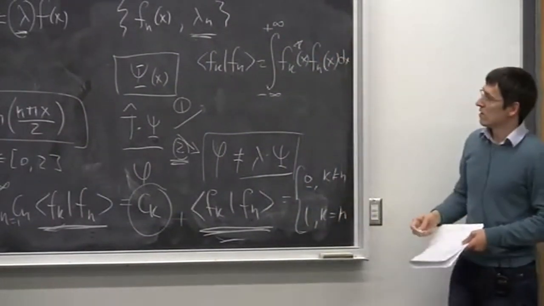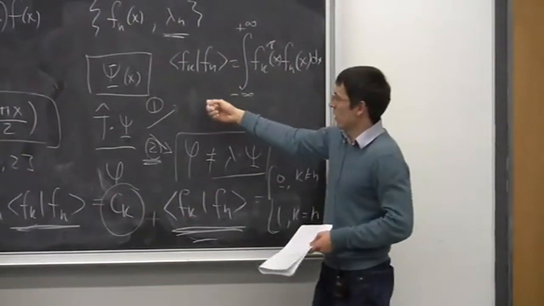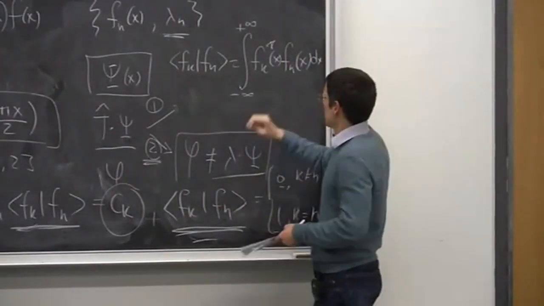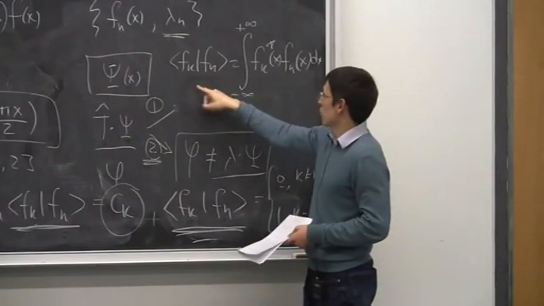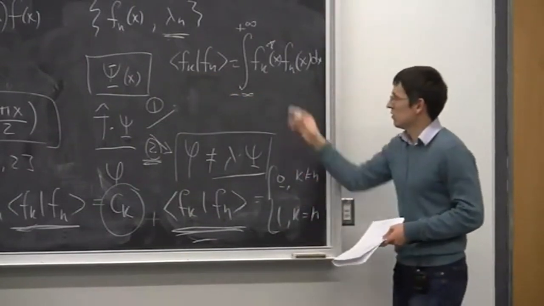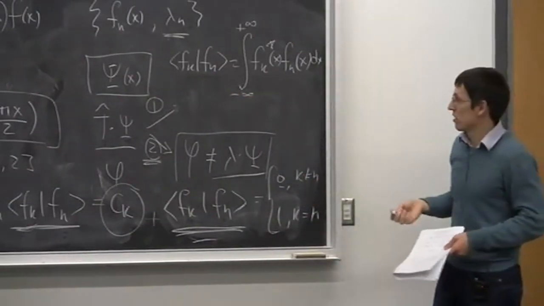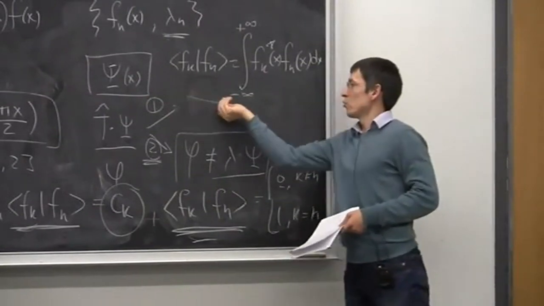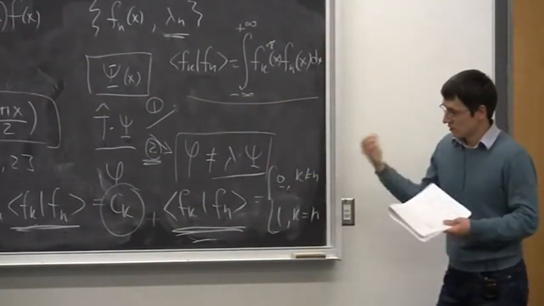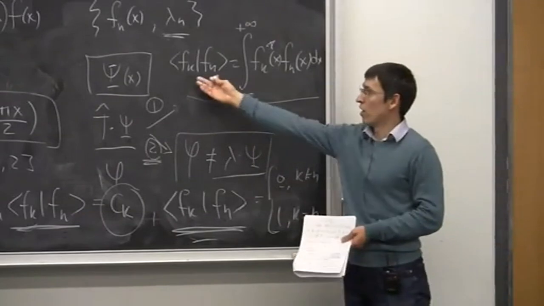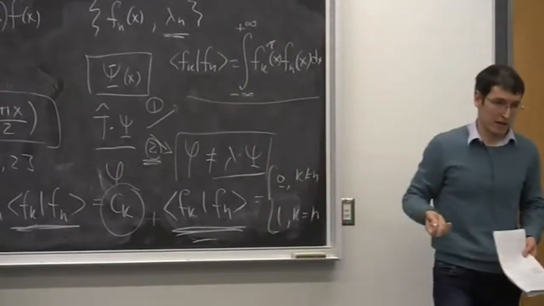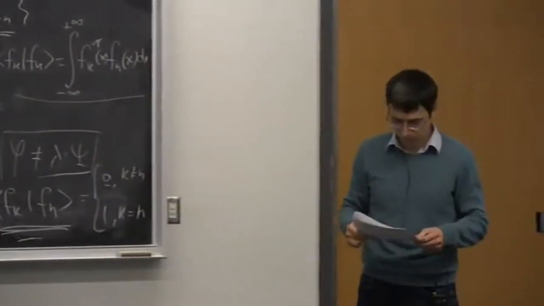Right? So instead of summing the components like in vectors, the inner product of two functions is the integral of the product of the two functions. Right? So that's the way we generalize the inner product to functions that are treated like vectors. Okay?